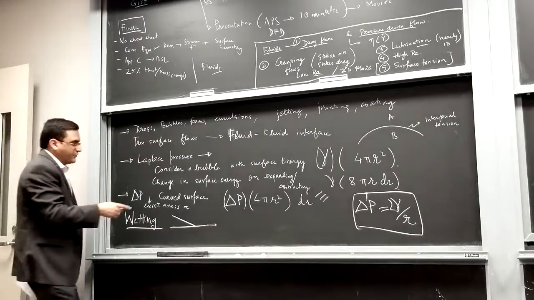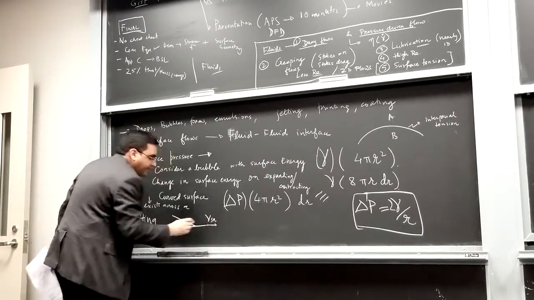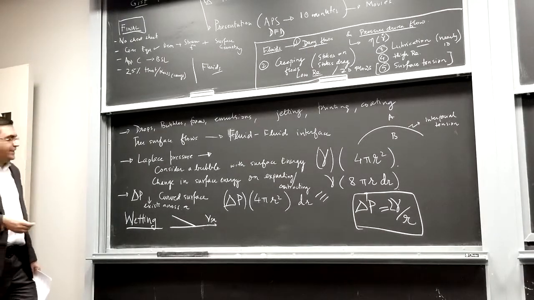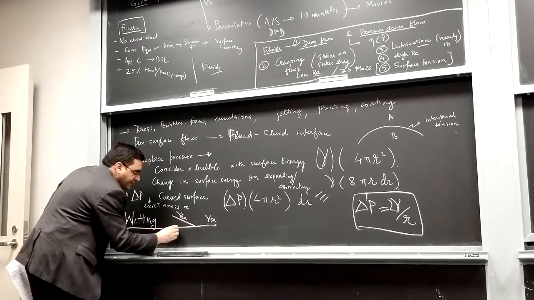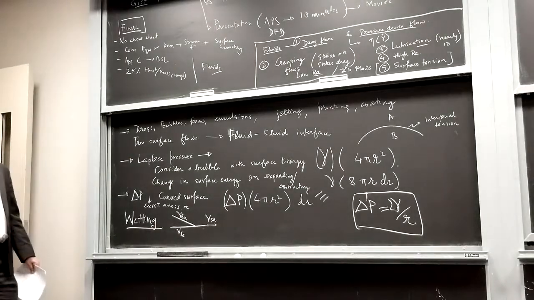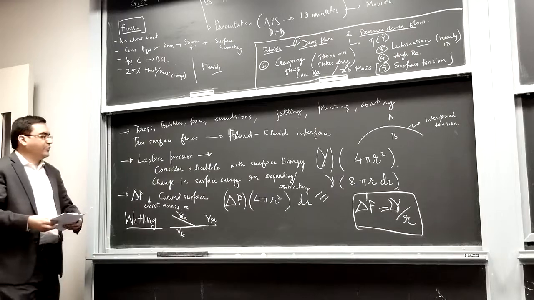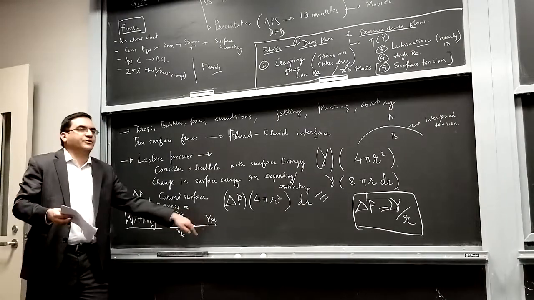You have a solid-air surface energy, and as soon as you place liquid, you're replacing it with a liquid-air interaction and a liquid-solid interaction. So whether something spreads or not on a surface is more or less determined by the balance of these surface energies per unit area.